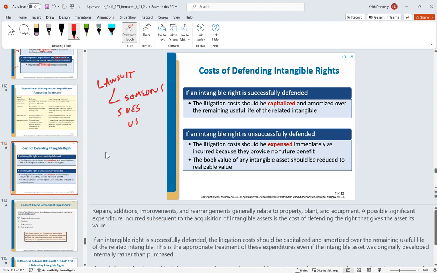Maybe we have the copyright to a song, and somebody else says, hey, you stole the beat or the rhythm from my song, I'm going to sue you. Well, what happens is we got to look. So essentially, maybe we have the copyright to some kind of song.